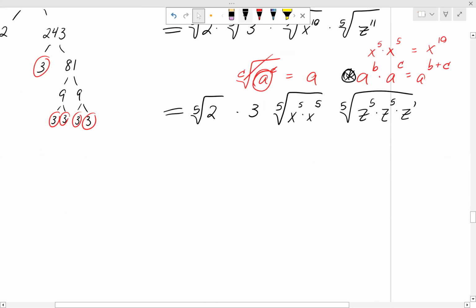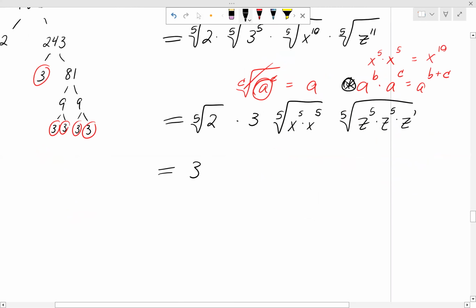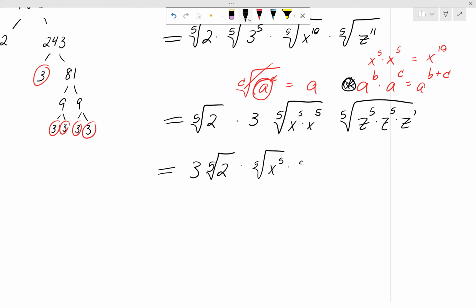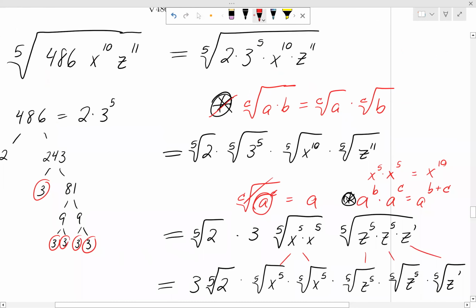So I move the 3 to the front, I still copy the fifth root of 2, and then I have the fifth root of x to the 5th times the fifth root of x to the 5th times the fifth root of z to the 5th times the fifth root of z to the 5th times the fifth root of z to the 1. I can do that by this first property that I have starred.